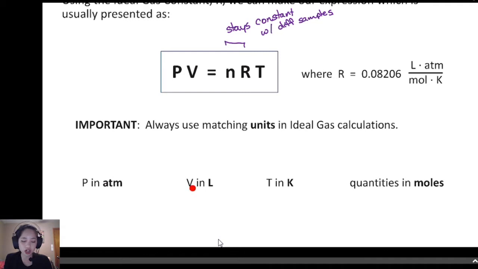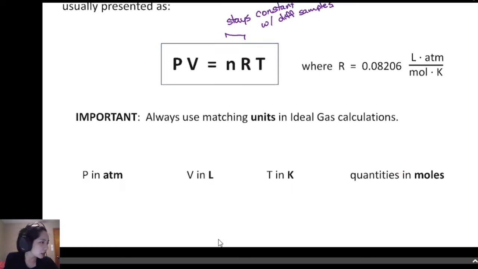So pressure is typically expressed in atm, volume in liters, and temperature must be in Kelvin. And then obviously quantities will be in moles.